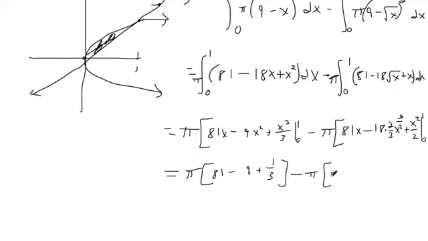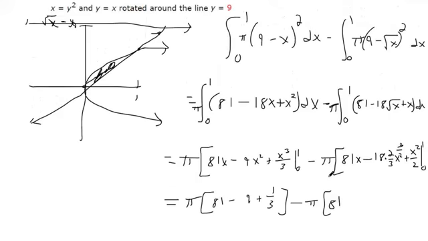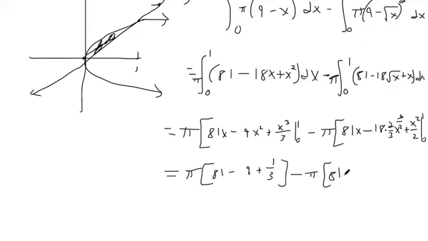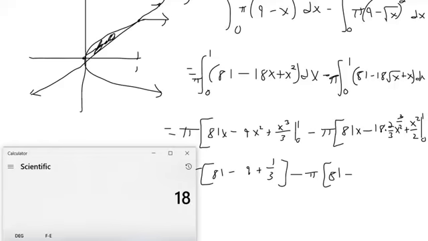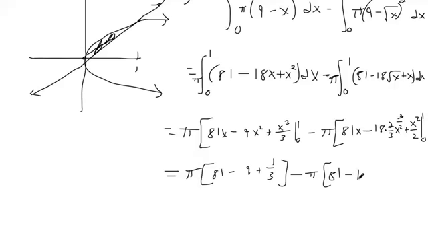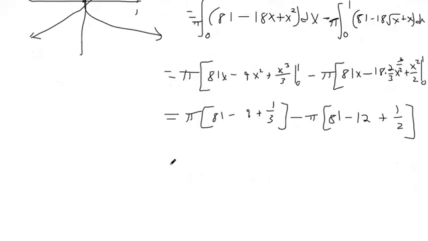And over here we got 81 minus 18 times 2/3. Is that 15? Yeah. So 12, because we're plugging in 1 for x. So we've got 81 pi minus 81 pi, so let's just forget about those. Those are going to cancel out. This is going to be negative 9 pi plus 12 pi.